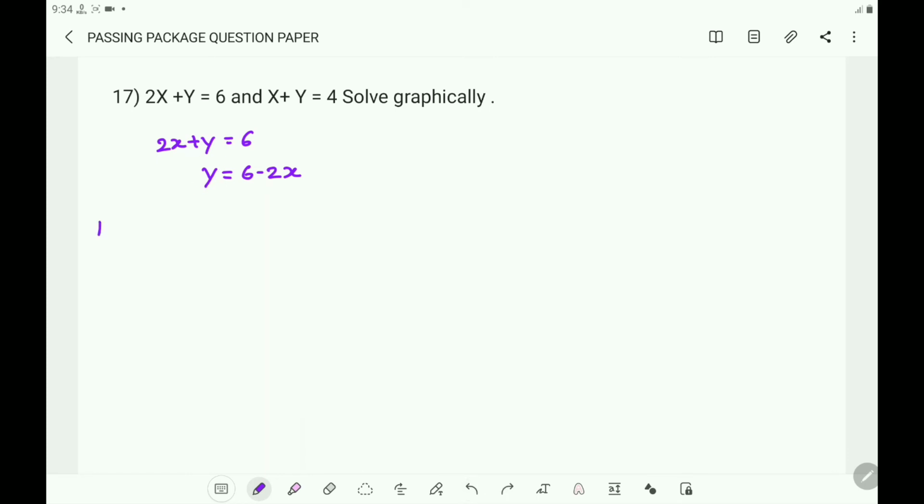So you write, when x equals, you can take 0, 1, 2, 3, and so on. Here let us take 1.